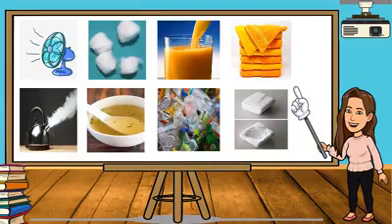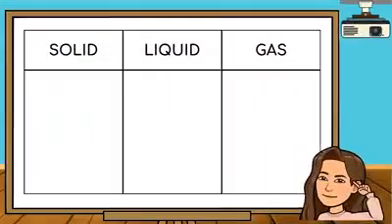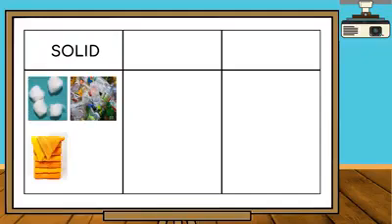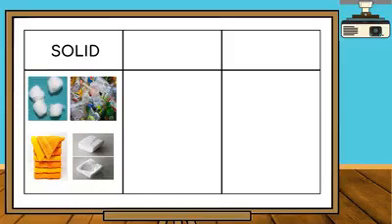Next, let's find out which materials in my list are solid, liquid, and gas. I made a chart so we can easily group the materials according to the state of matter: solid, liquid, gas. Let's start. On the first column, the solids are cotton balls, empty plastic bottles, face towel, and a piece of styrofoam.